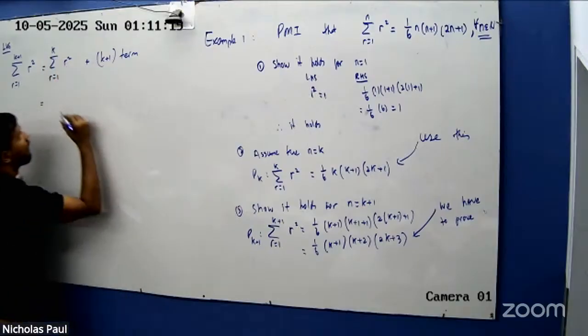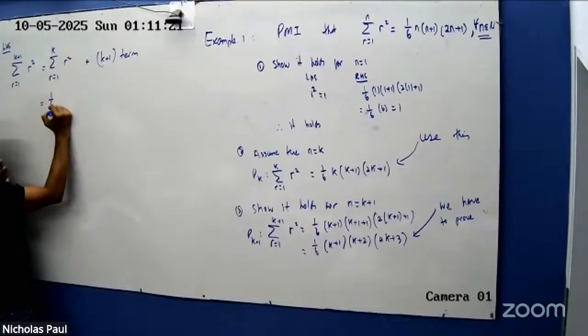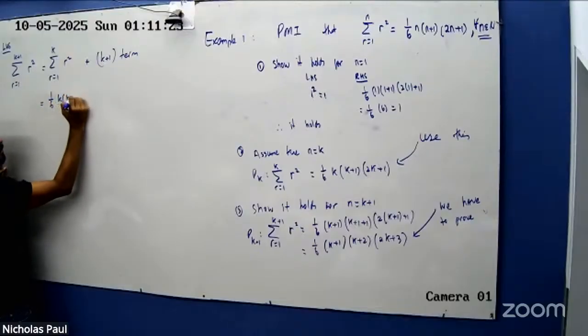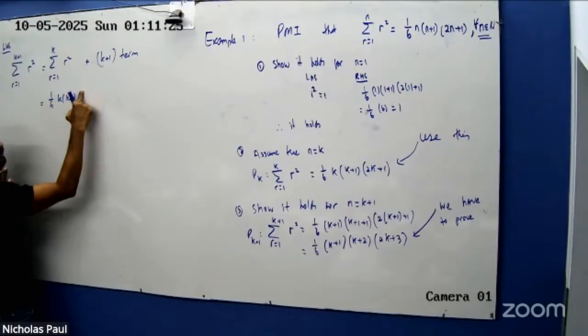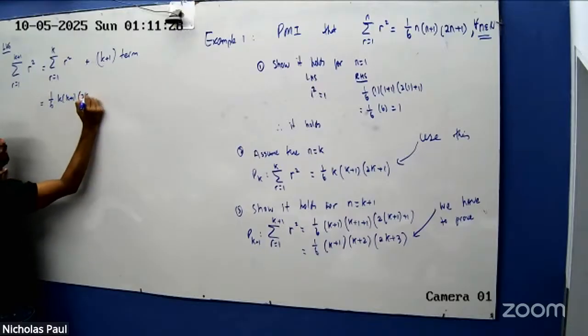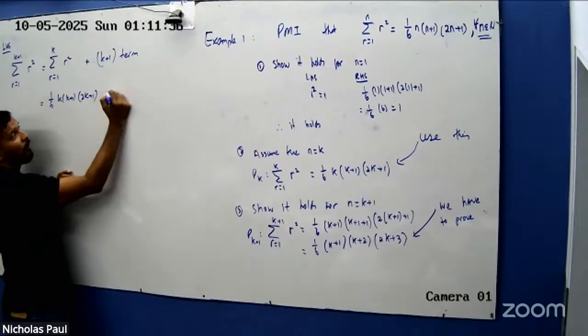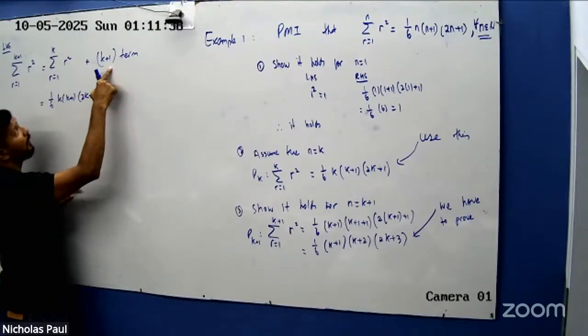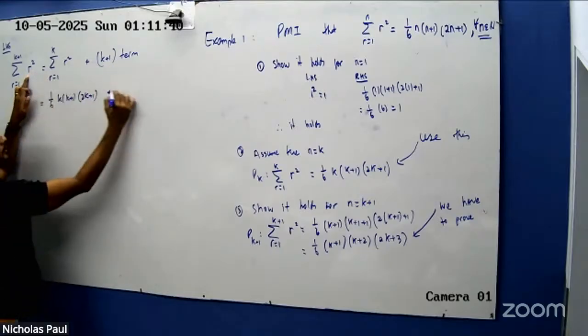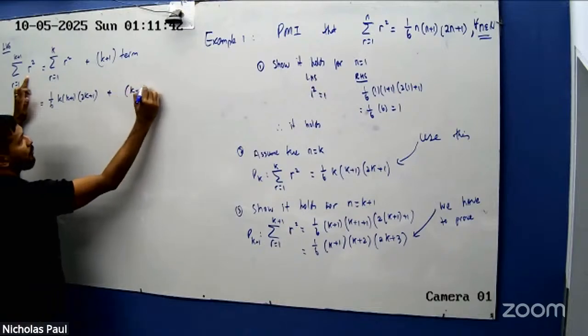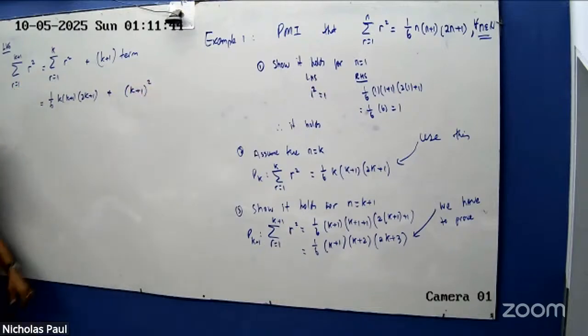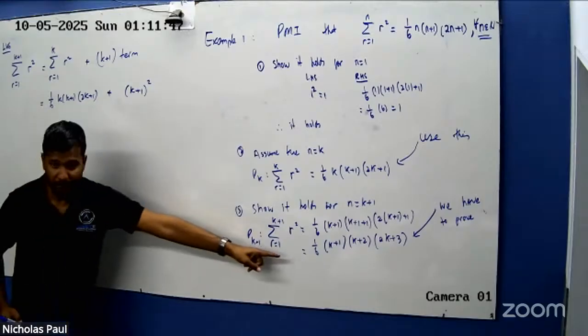So I could take this off and write 1/6 k(k plus 1)(2k plus 1). Everybody okay with that? Tell me, what is the k plus 1 term? It is k plus 1 squared.